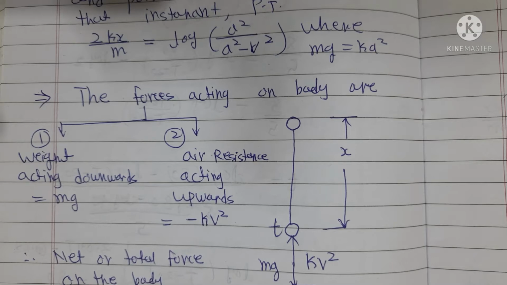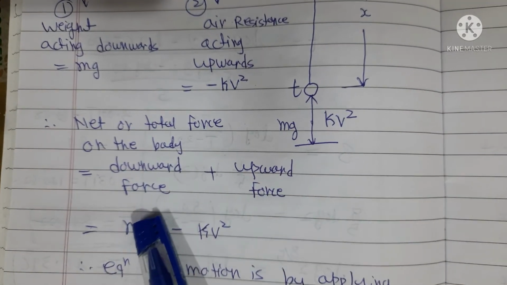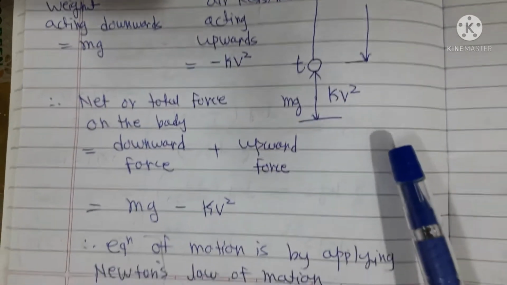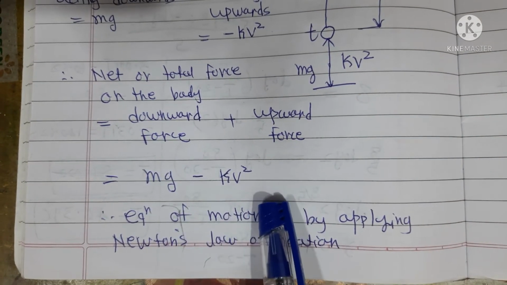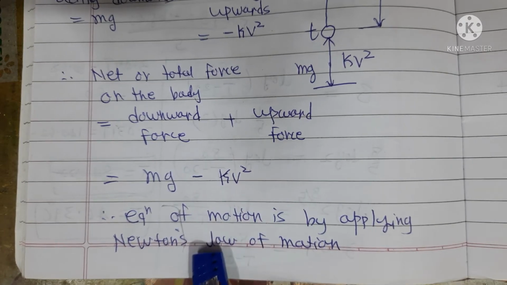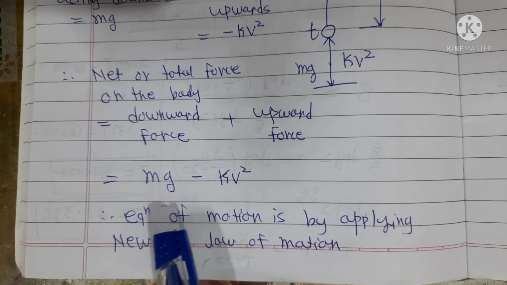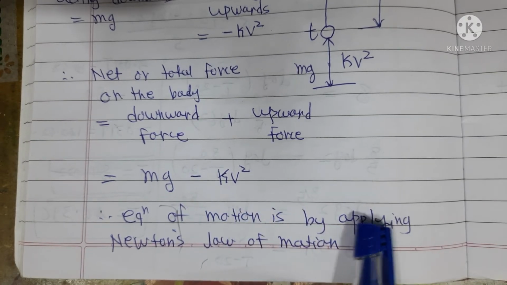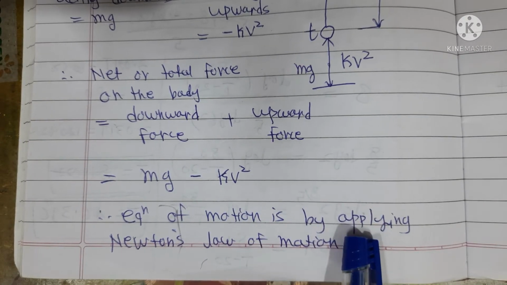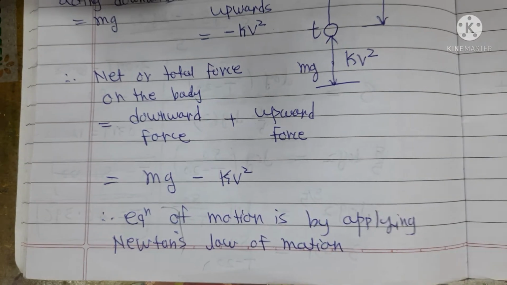Therefore the net force on the body is the downward force plus the upward force. Net force means the addition of all forces, that is the downward force plus the upward force. Downward force is mg and upward force is minus kv square. From this we can prepare the equation of the motion, and for this equation of the motion we apply Newton's law of motion.